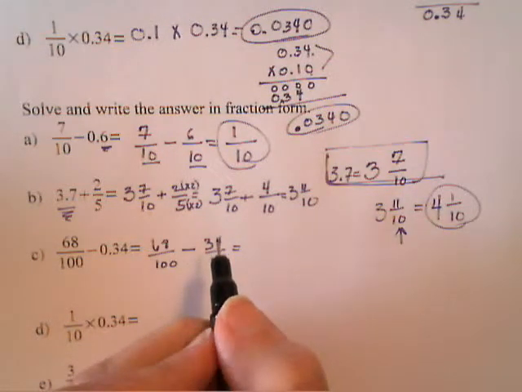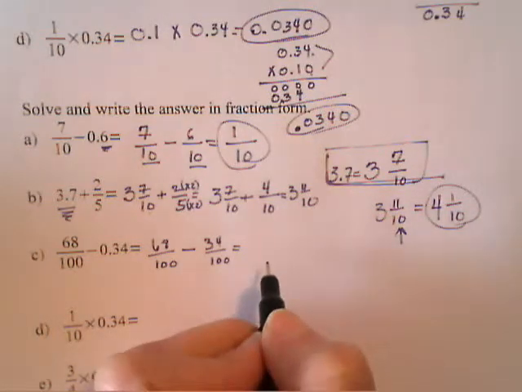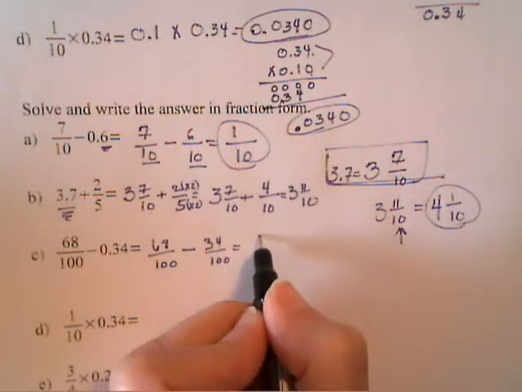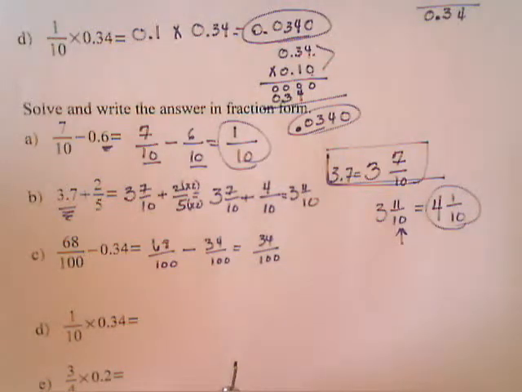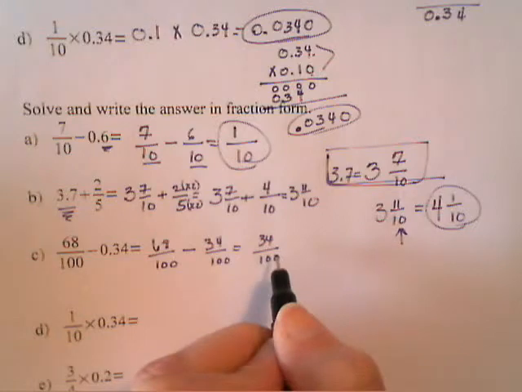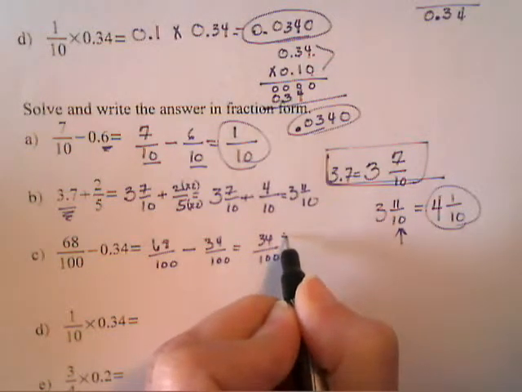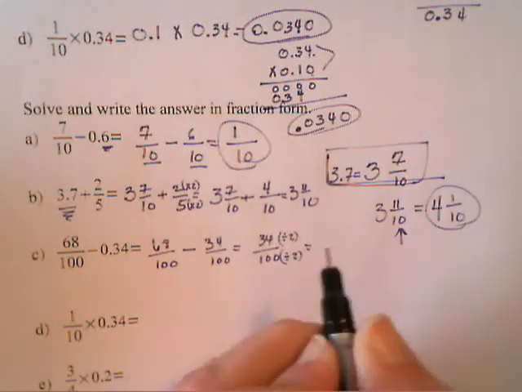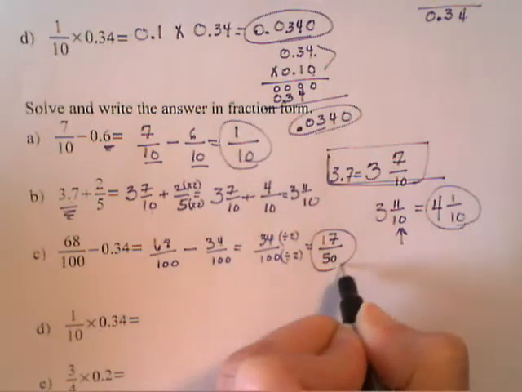If you look back up at problem C, it was the same problem, only up there we were doing decimals, but we did 68 minus 34, and we got 34/100. And we could actually reduce this because the top and the bottom are both divisible by 2. So I can divide the top by 2 and the bottom by 2, and I'll end up with 17/50 as my final answer.